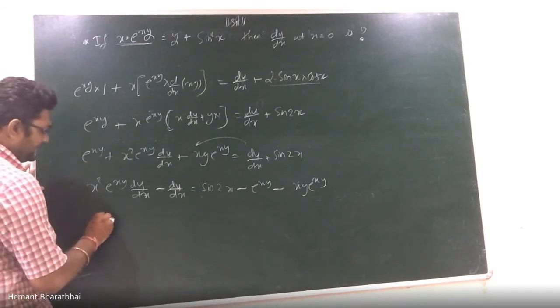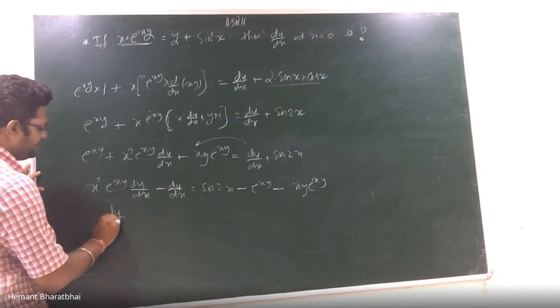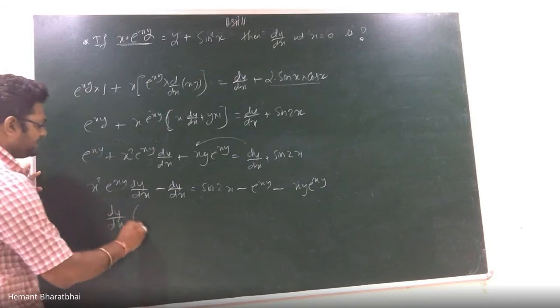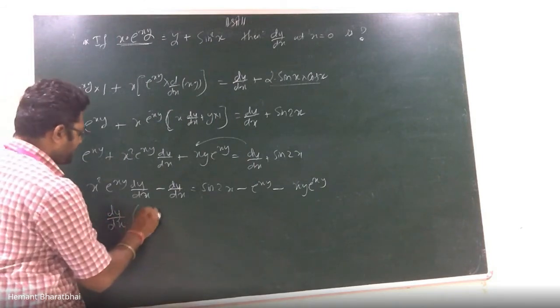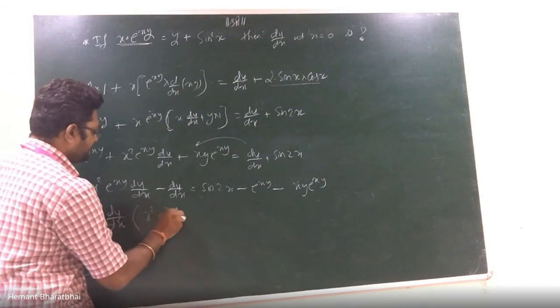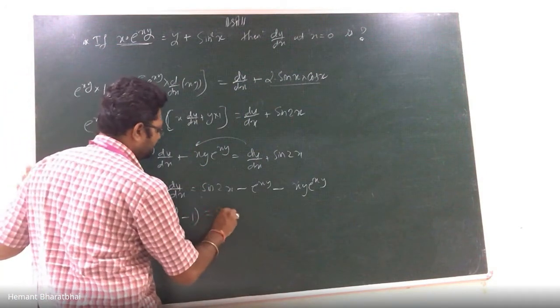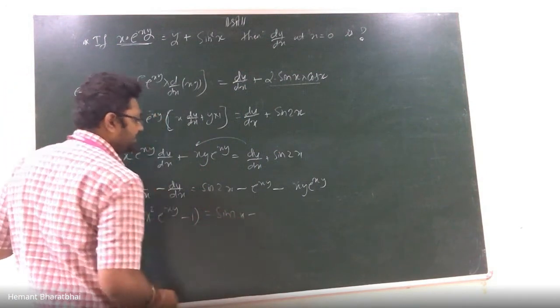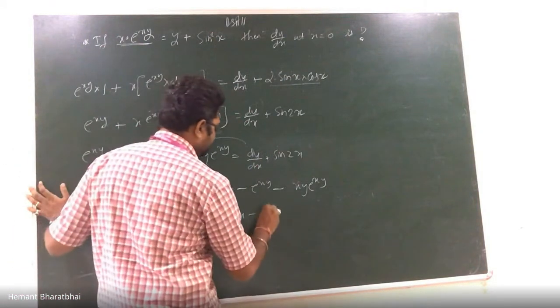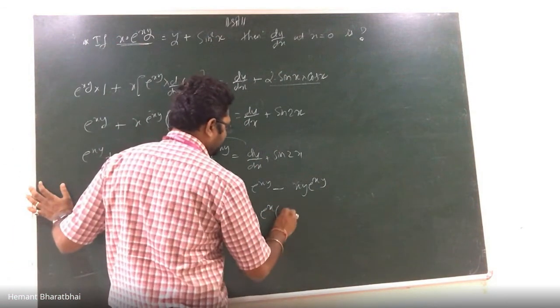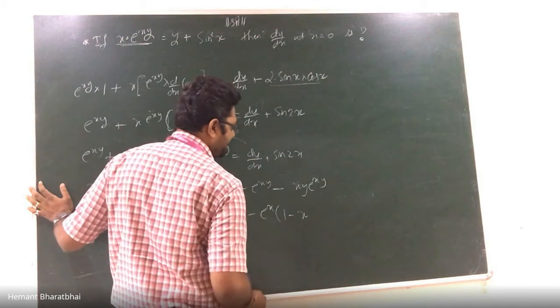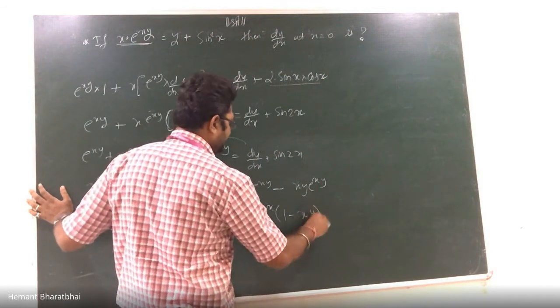So from here I'll take dy by dx as common. So I'll get dy by dx into x square into e raised to xy minus 1 is equal to sine 2x minus e raised to xy common, so 1 plus xy.